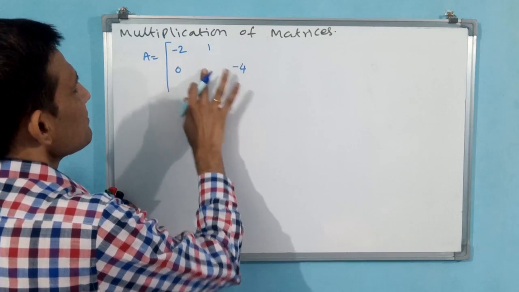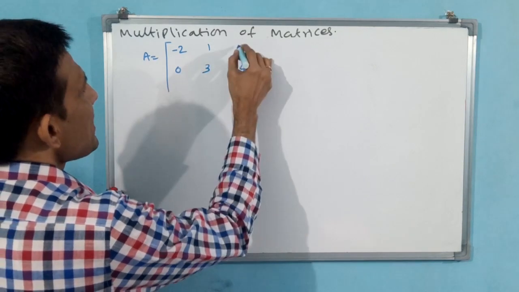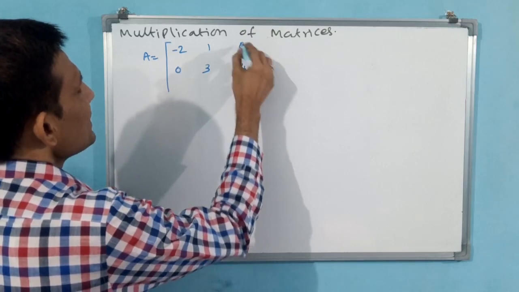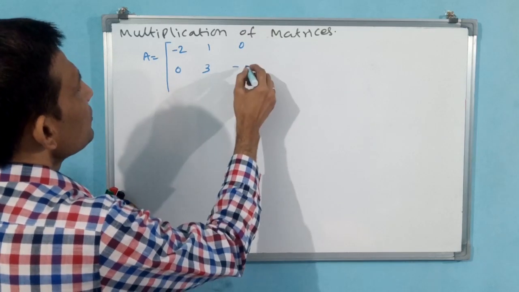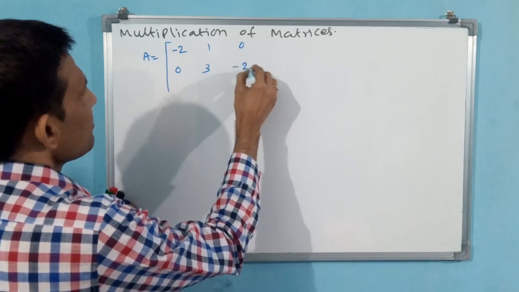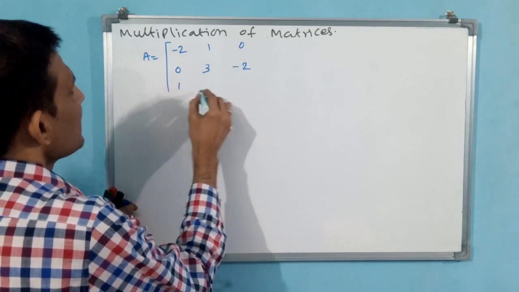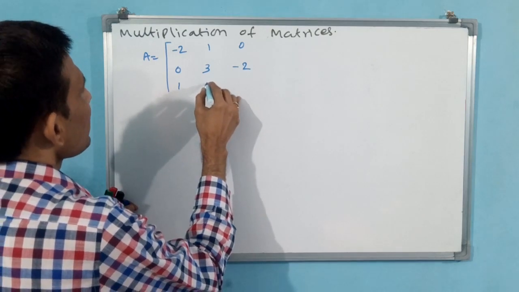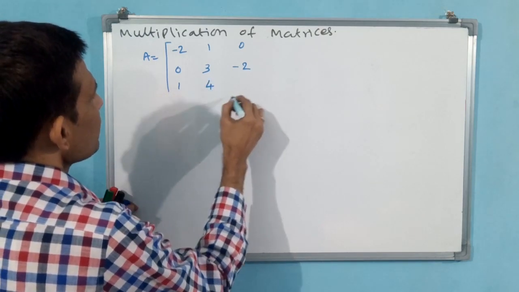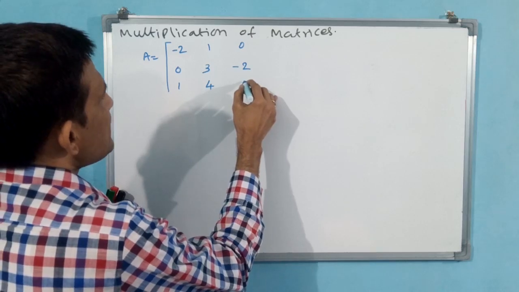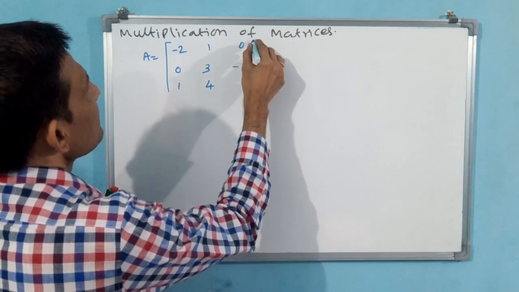Need not take this much bigger numbers. We take 3, okay. But here we take 0, 4 also we don't require. Take +2. Okay. 1, 4. Say we take 5.